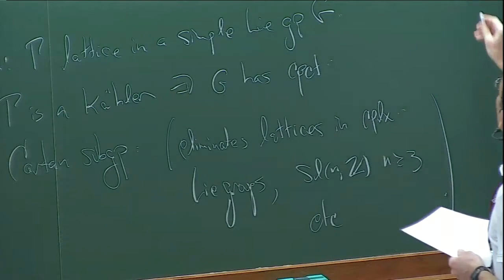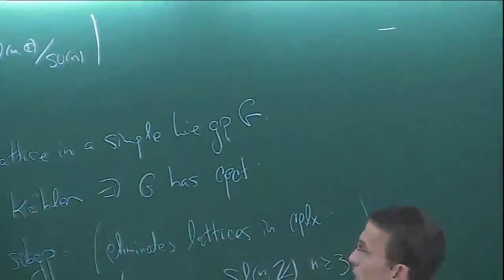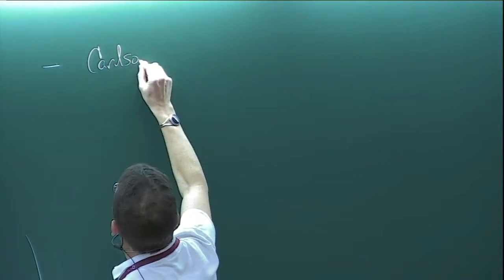There's another application that really comes from the harmonic map theory, not so much the Higgs bundle picture, but from this Corlette idea, and this is due to Carlson and Toledo.